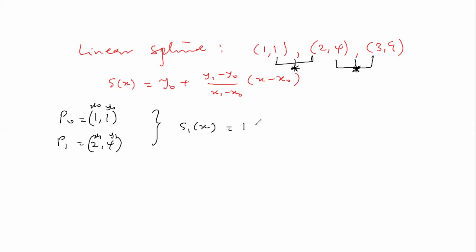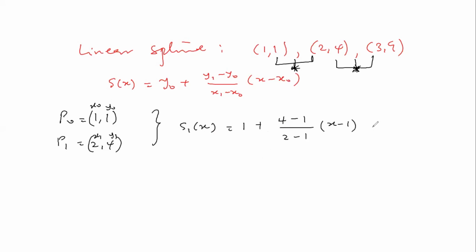So this will be 1 plus (4 minus 1) over (2 minus 1) times (x minus x0), x minus 1, okay?